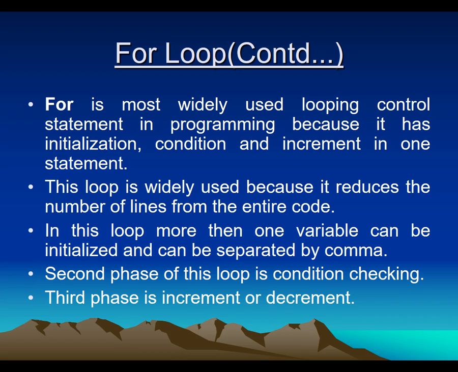So it increases the total number of coding lines in while and do while, which makes our code complicated. But the for loop gives us the facility to write initialization, condition, and increment or decrement in a single line, so the total number of programming lines gets reduced and the complexity of the entire program can also be reduced.